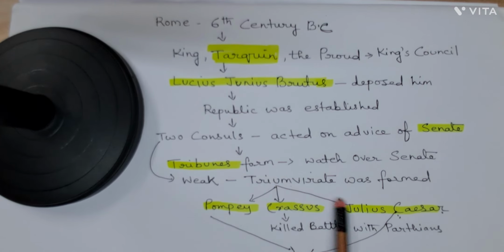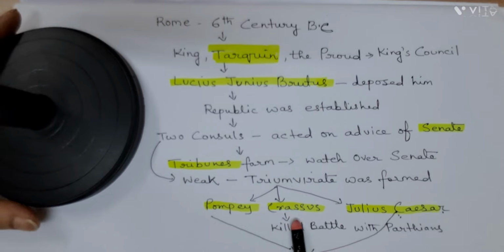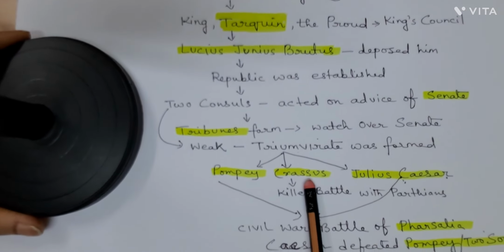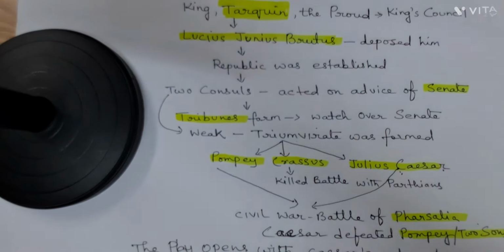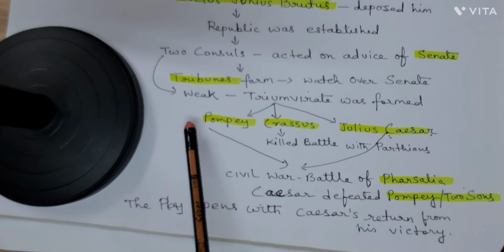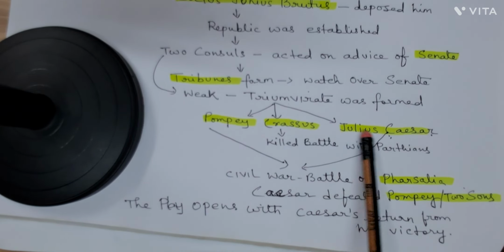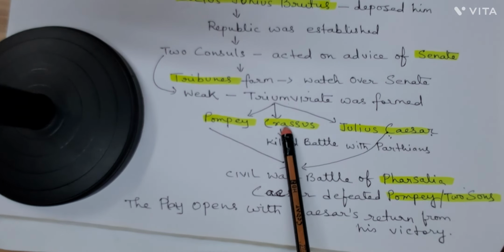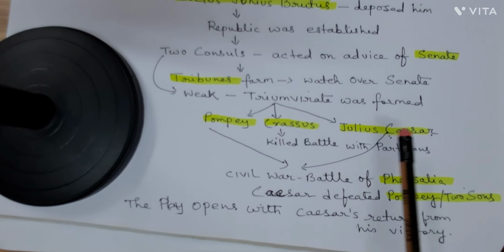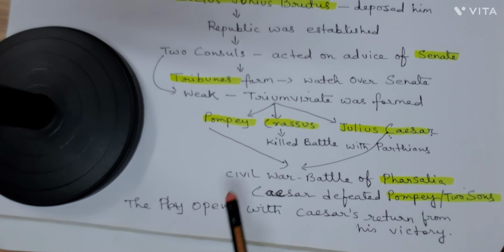The three people who formed the triumvirate were Pompey, Marcus Crassus, and Julius Caesar.